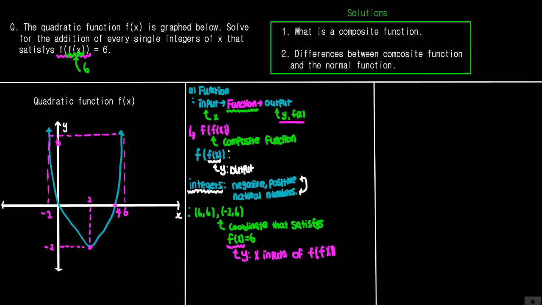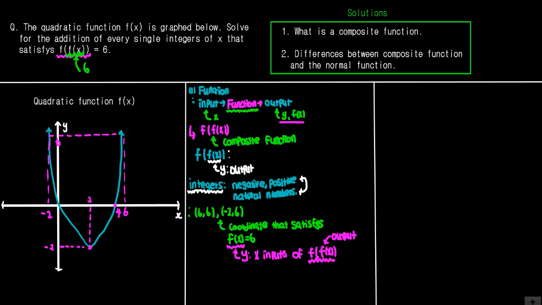This is what f of f of x means. If you just think about f of x, it is the output of a function, but this whole composite function takes that output as its input.